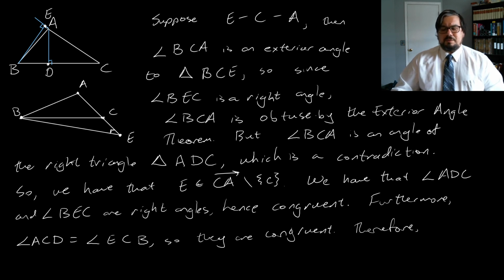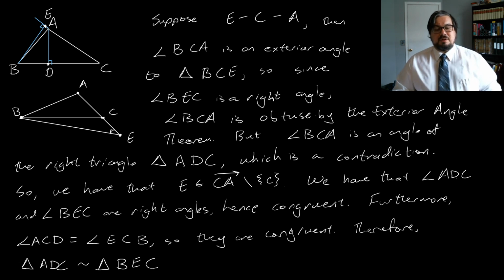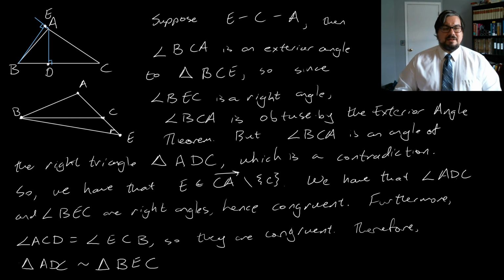Therefore, we have that triangle ADC is similar to triangle, so let's see, the angle at D and the angle at E are the right angles, so they are congruent to each other, and then we have that the two angles at C are congruent to each other, and so we have that the triangle ADC is similar to the triangle BEC.